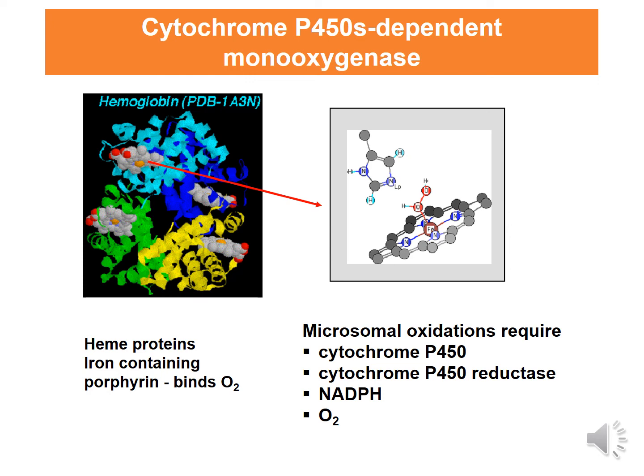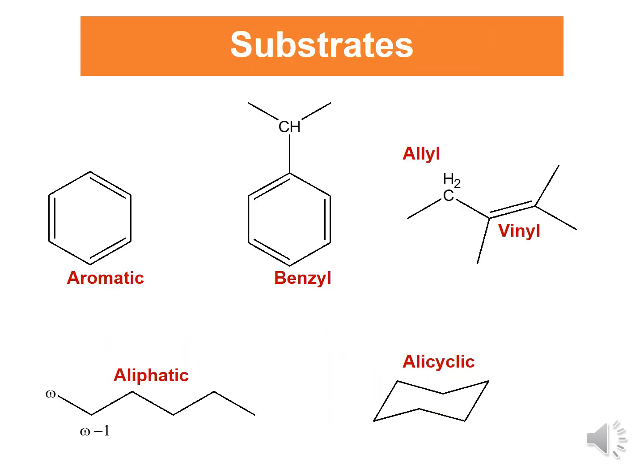These enzymes also act on various carcinogens and pollutants. You can see the different substrates of foreign compounds. Aromatic, benzyl, allyl, vinyl, and aliphatic acyclic compounds can be detoxified by cytochrome P450 monooxygenase.